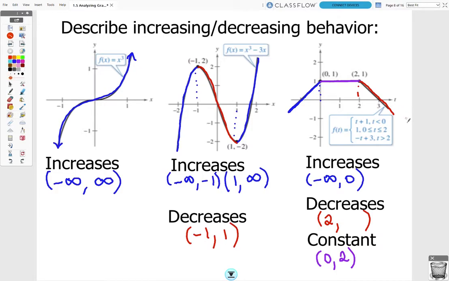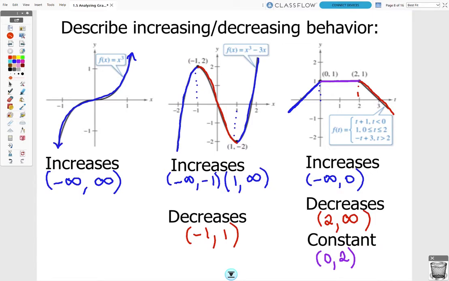From 2 to positive infinity, the graph is decreasing. It is going towards -infinity. It's kind of weird to think about. It's going towards -infinity, which tells you this thing is losing value. It is decreasing in value. However, it happens between 2 and positive infinity for the x.